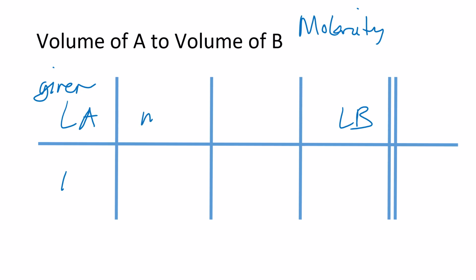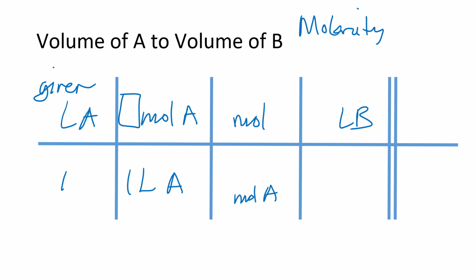So your molarity over 1 liter of A, this comes from my concentration or my large M. The next will be your mole to mole ratio when you're converting moles of A to moles of B. And then here will be your second molarity, moles of B under 1 liter of B.